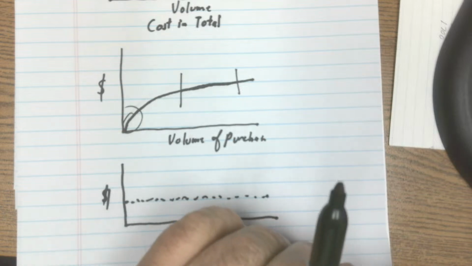All right, the next one we want to talk about is the fixed cost. Now, a fixed cost might be something like our factory rent. It doesn't matter whether we make 100 units, 1,000 units, or 10,000 units. As long as our factory floor is big enough to handle it, our cost is fixed.